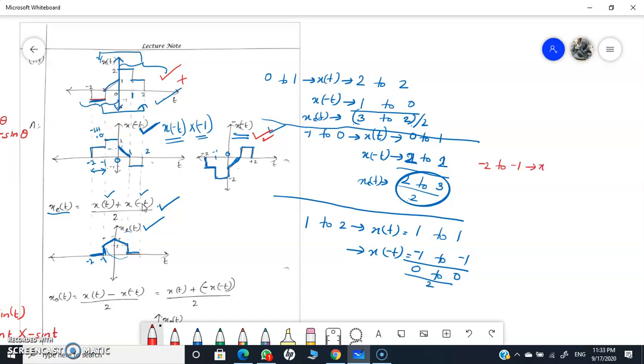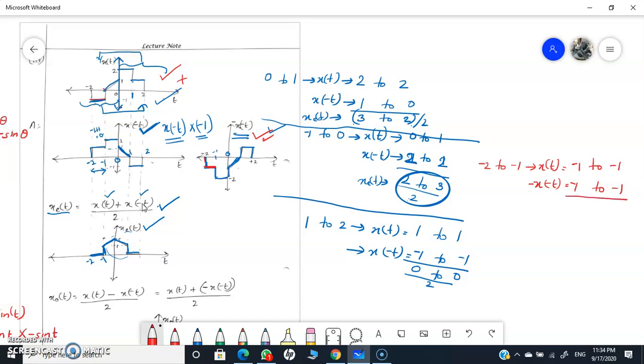From minus 2 to minus 1, my x of t is varying from where to where? x of t is varying from minus 1 to minus 1. There is no change. Then in the same interval, what happens to minus of x of minus t? It is varying from minus 1 to minus 1.